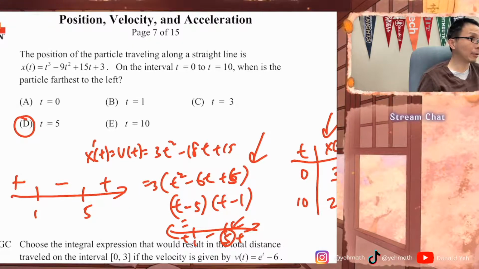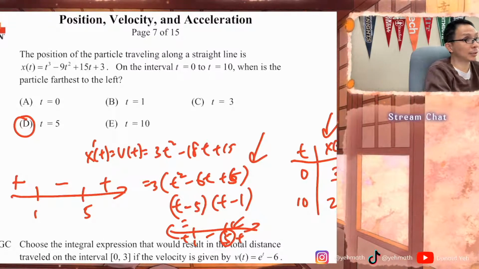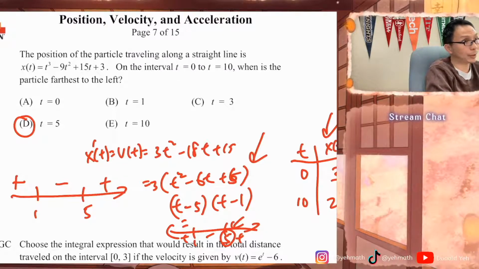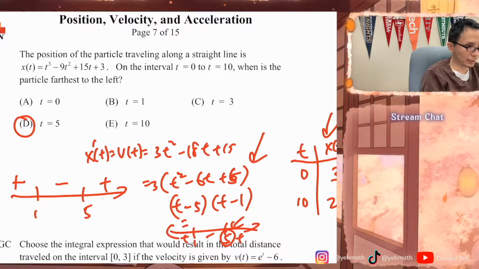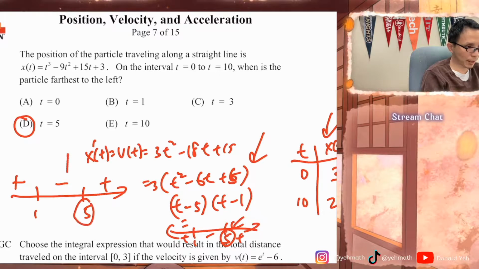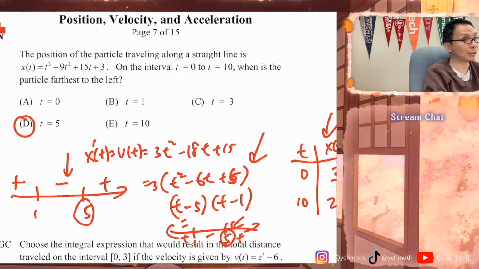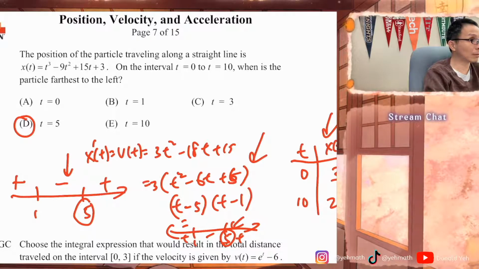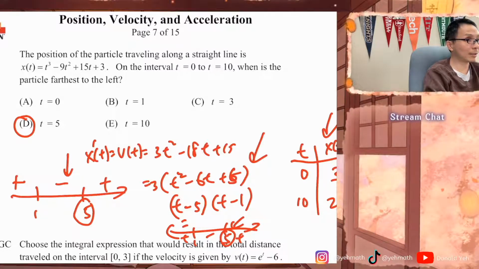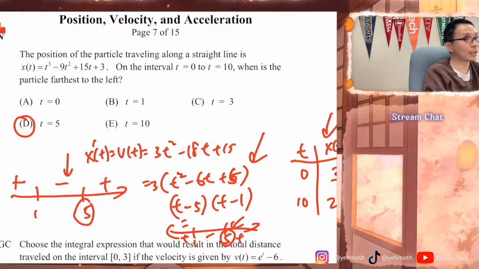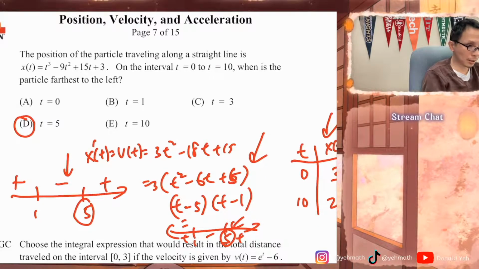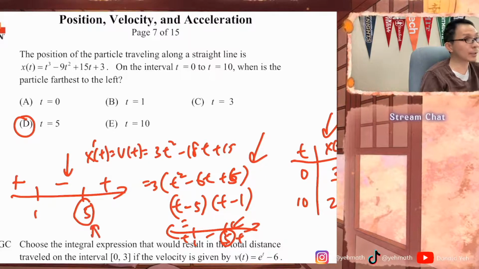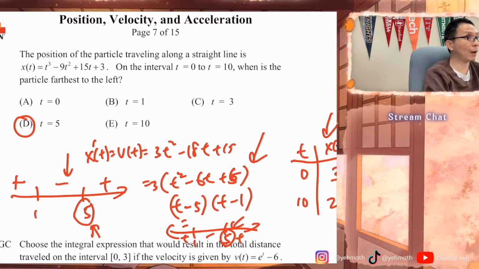We need to know the velocity in order to find out if they are the furthest left, because in order to go left, velocity has to be negative at some point. And if velocity is negative at some point, you can find out where the position is at the end of traveling left.